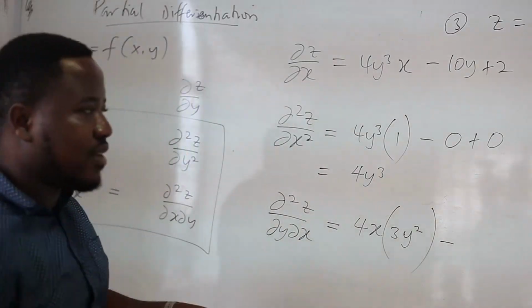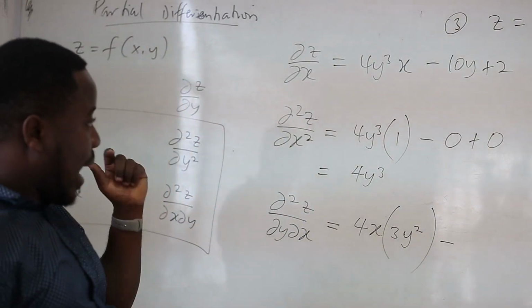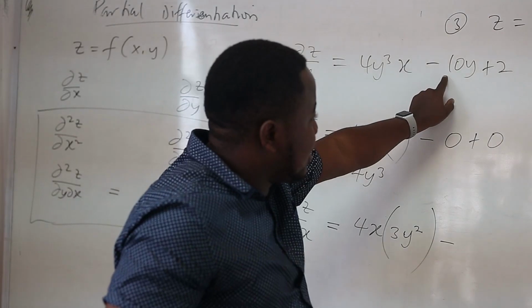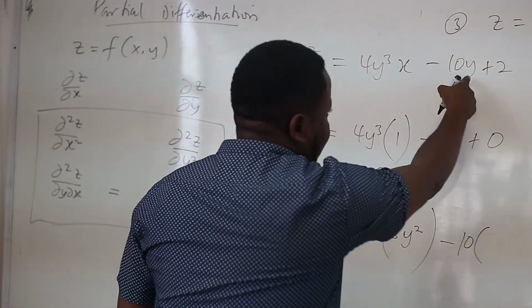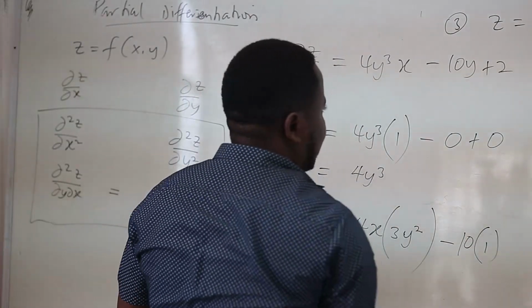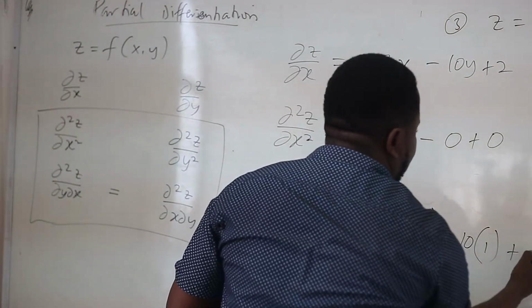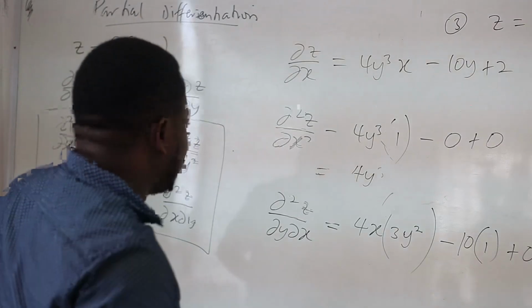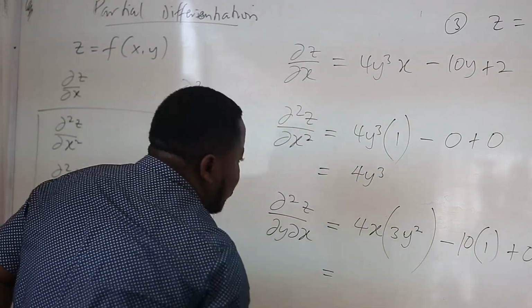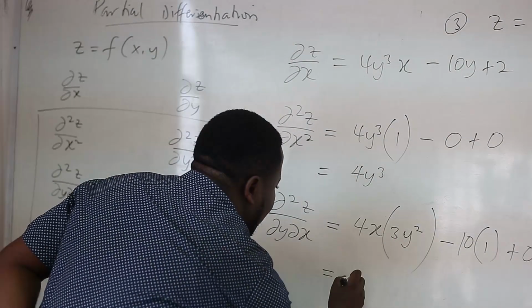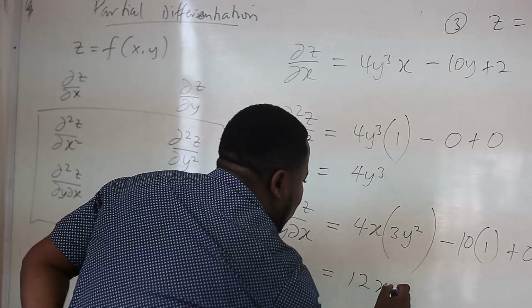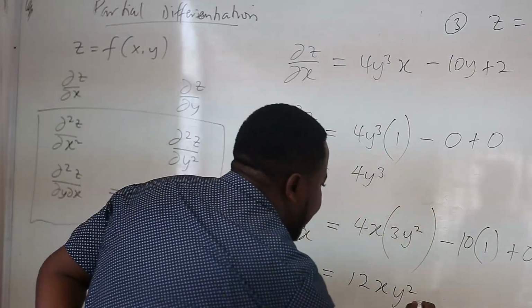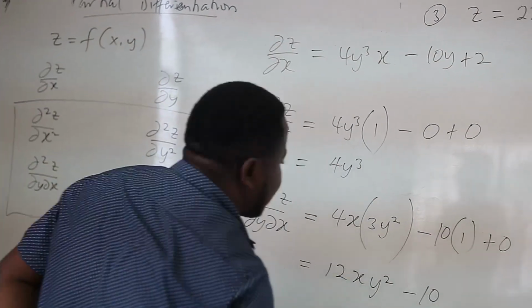Minus, remember we are differentiating with respect to y, so this is minus 10. We differentiate y, we get 1. Plus, there's no y here, so this will give us 0. So this is equal to 4 times this, we have 12s y squared minus 10.